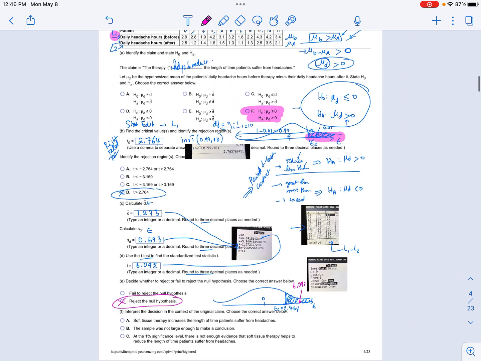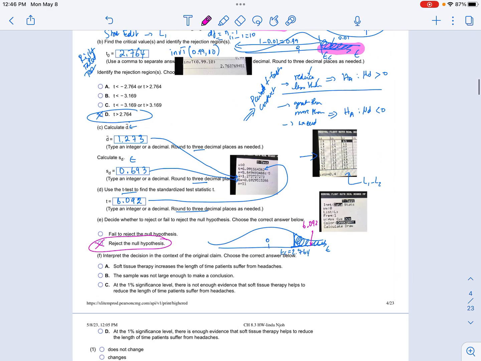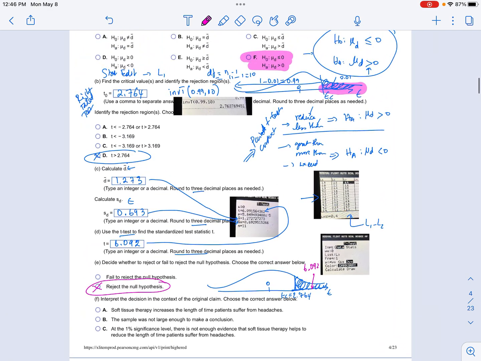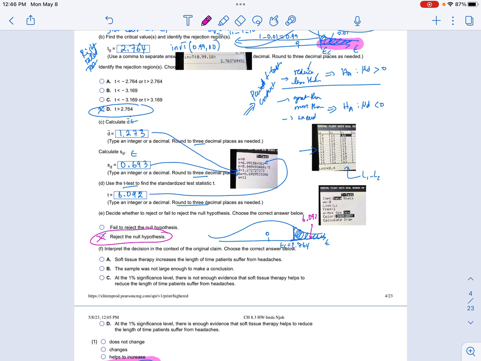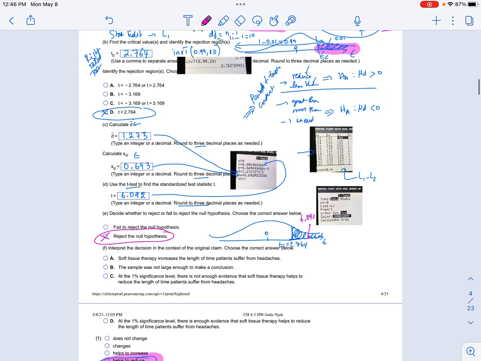See? As simple as that. And once we reject the null, remember your claim was in the alternative. Once you reject the null, then we have enough evidence to support the claim. So at the 1% significance level, there is enough evidence to conclude that soft tissue therapy helps to reduce. Yep, the choice should be D.